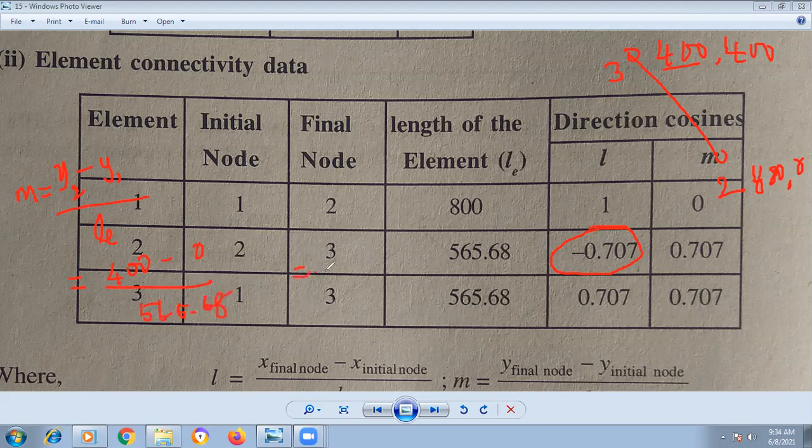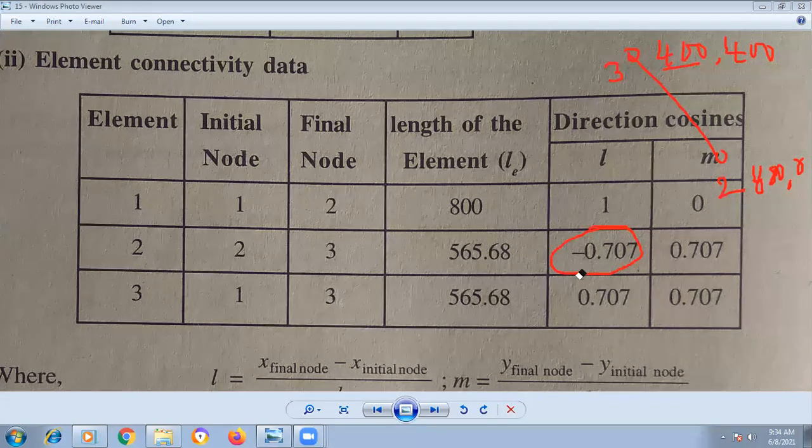This will obviously be plus 0.707 also. So either you find out the exact value of theta, or you use the common direction cosine, that is x2 minus x1 by LE, or y2 minus y1 by LE, or you can call it x final minus x initial, y final minus y initial. So whichever is easy for you to remember. So direction cosine for element 2 is over.